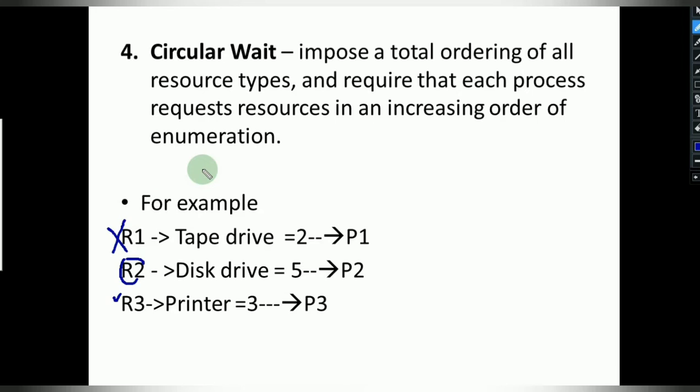Just requesting in the increasing order, how is it going to break the circular wait? See the example here. Let me put it this way. I have P1 holding R1, P2 holding R2 and P3 holding R3. Now, what is the circular wait?